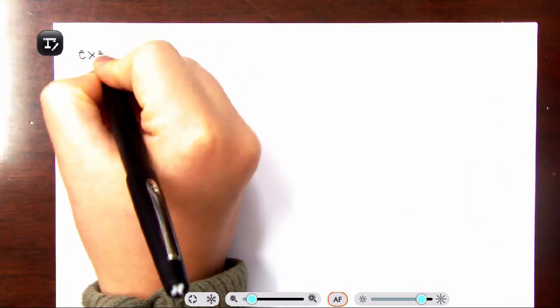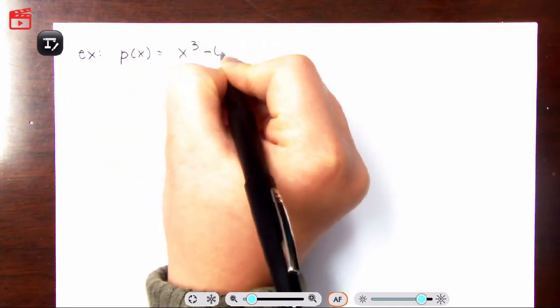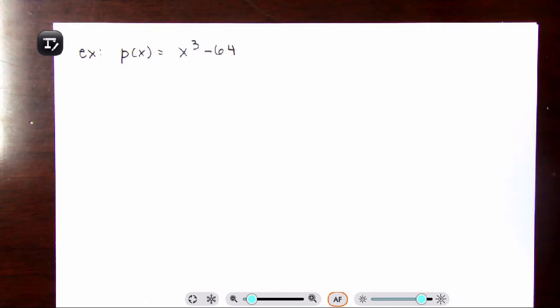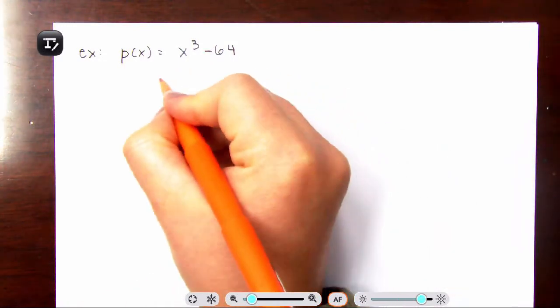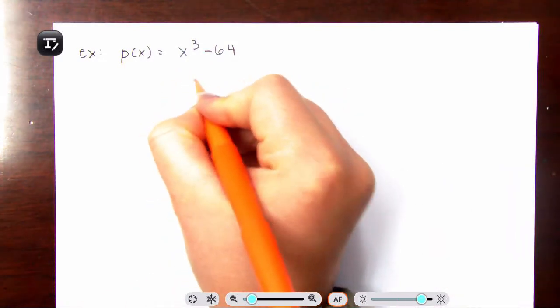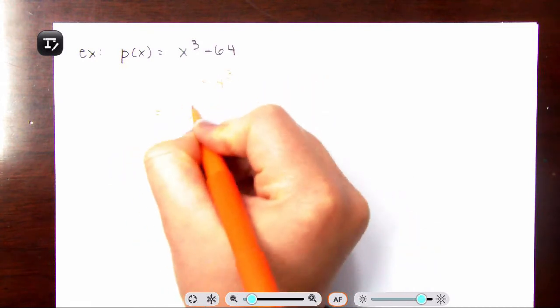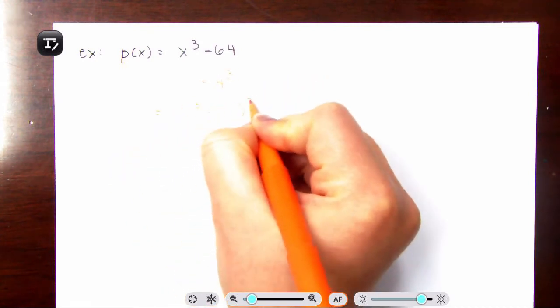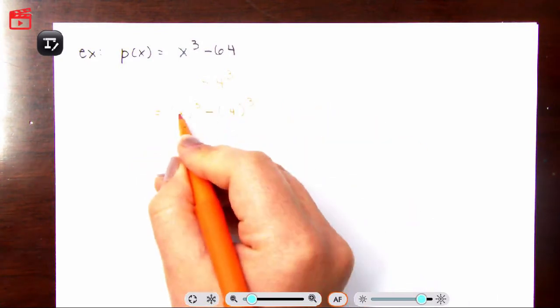Example, I have p of x is equal to x cubed minus 64. Now immediately I'm doing a happy dance because in order to find these roots, I can absolutely factor. So let's factor this. I have x cubed minus 4 cubed. So I have a bubble cubed minus a bubble cubed. So that means I have the difference of cubes.